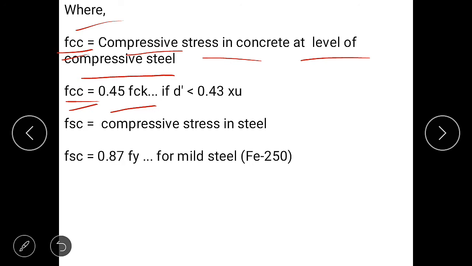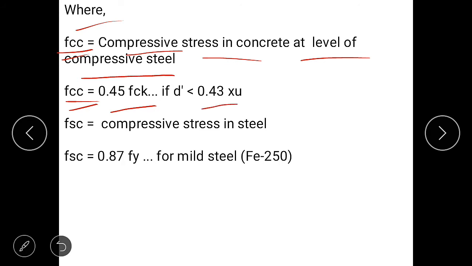You all know what FCK is: M20 is the grade of concrete, the mix proportion of the concrete.